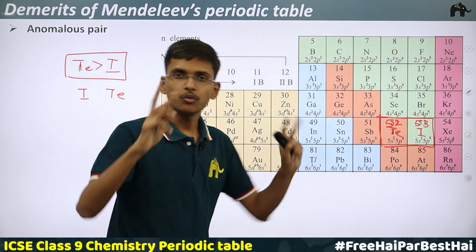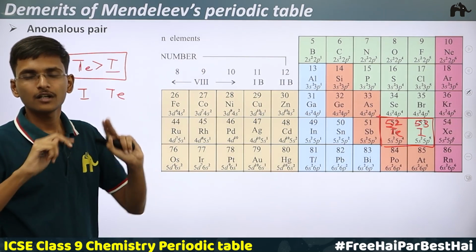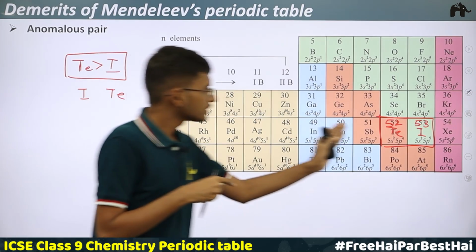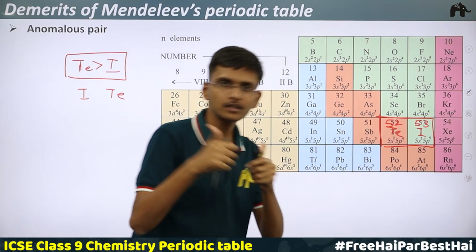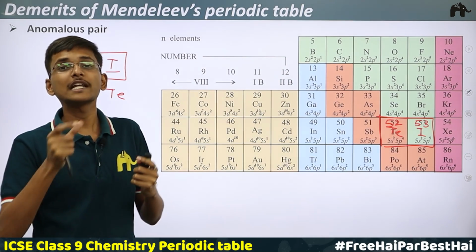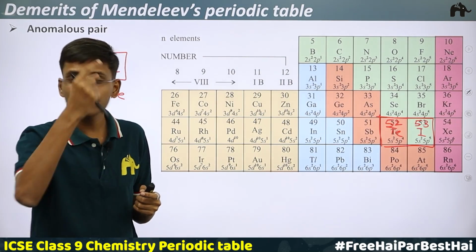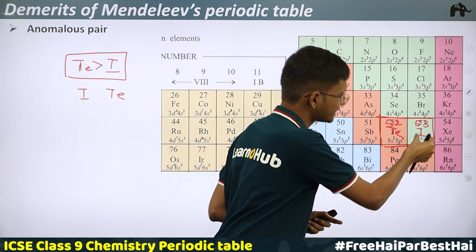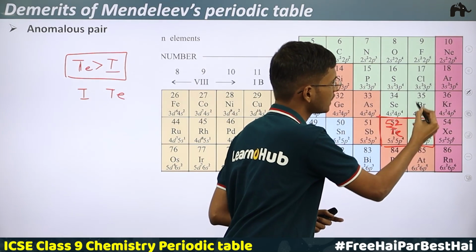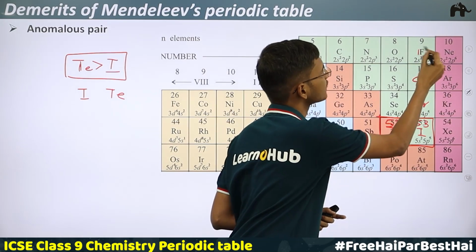So both the criteria are satisfied. The increasing order of atomic number, tellurium 52, iodine 53, is satisfied. Also, the elements having similar properties are placed in the same group, so iodine is placed in the same group as bromine, chlorine and fluorine.